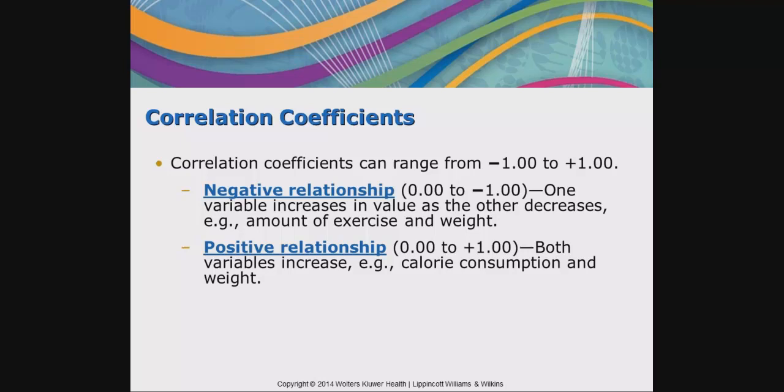So they lost confidence in their ability, and that was a negative relationship. A positive relationship might be increasing anxiety levels or pulse rates with airline flights.